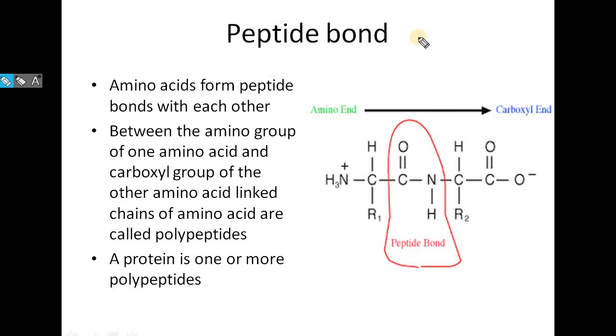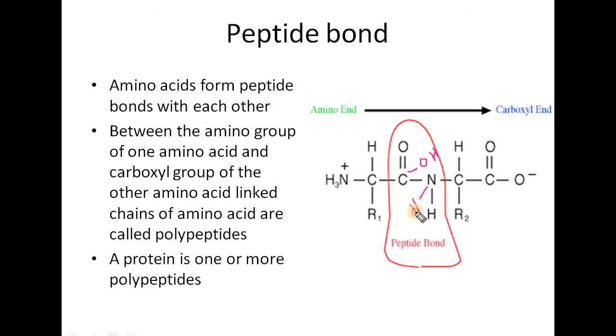Now amino acids are connected together by what is called a peptide bond. As we said, we have C double bond O, here we have OH, and here we have NH2. I have another hydrogen in here.